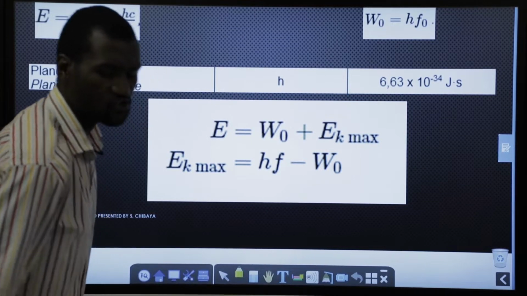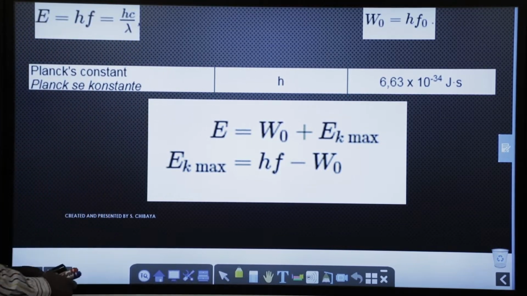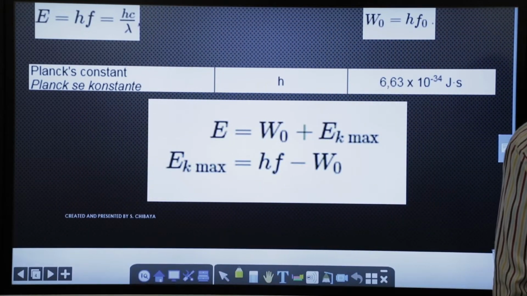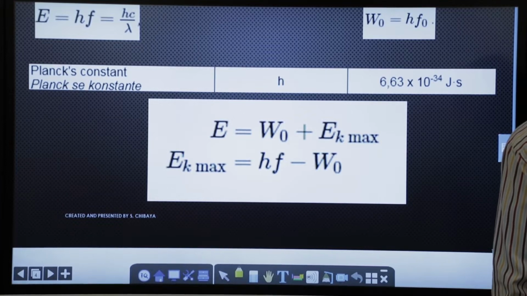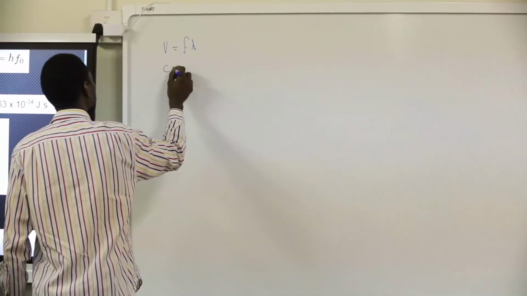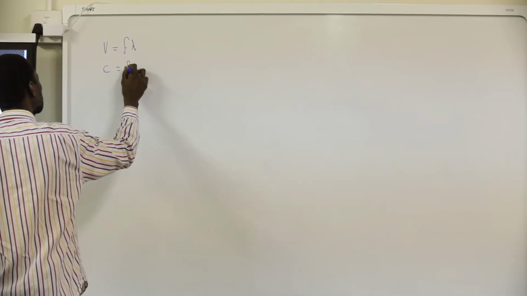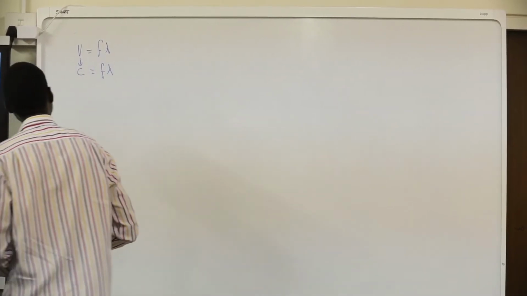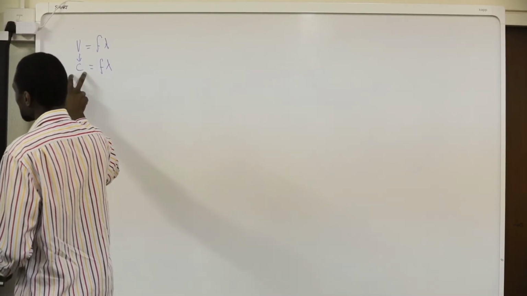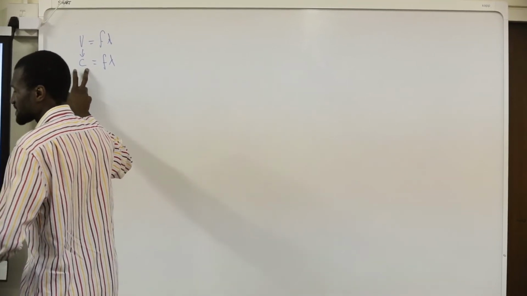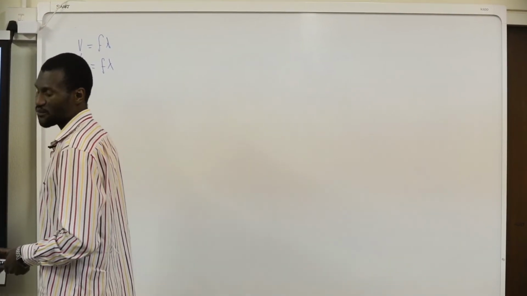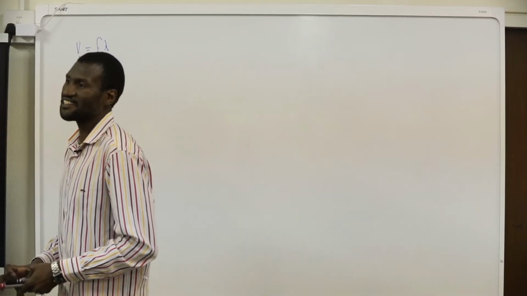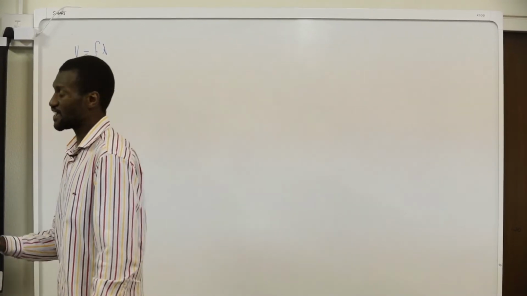In the equation we used before, v was equal to f lambda, so now c is equal to f lambda, where we consider c as the speed of light, because light behaves as a wave as well as a particle, with photons of energy.